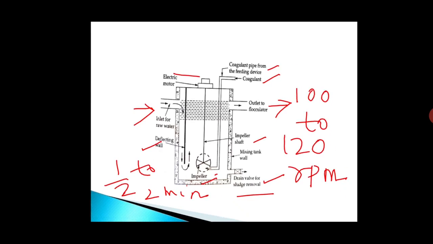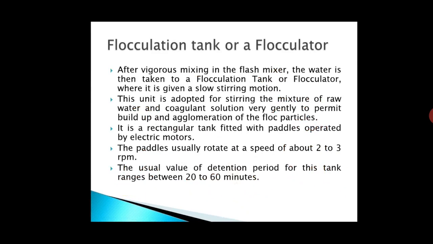Then we will move to the flocculator. As discussed earlier, the best flock will form when the mixture of water and coagulant is vigorously mixed and then followed by a relatively slow and gentle stirring, to permit the agglomeration of the flock particles.